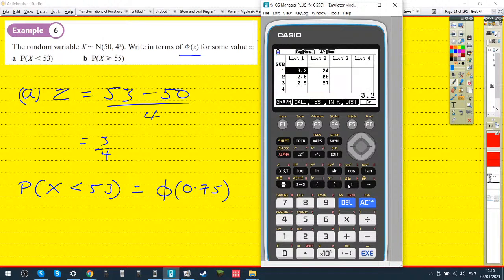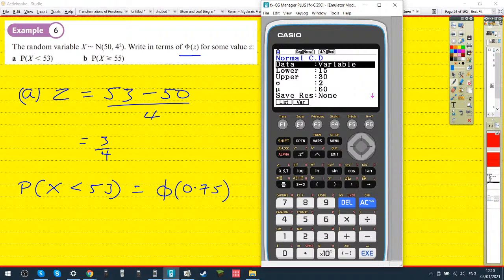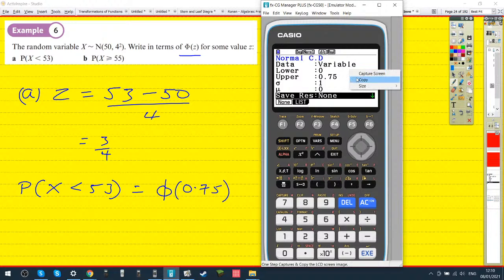So I'll put upper 53, lower 0, etc. Tell me what you get there. I get 0.77.